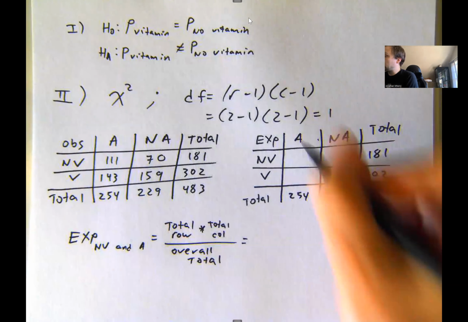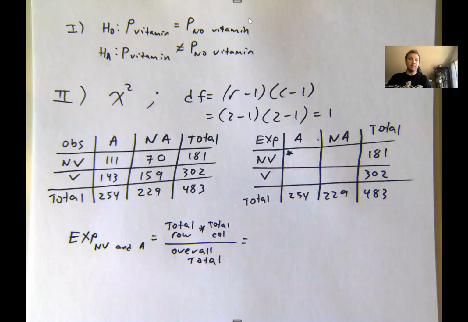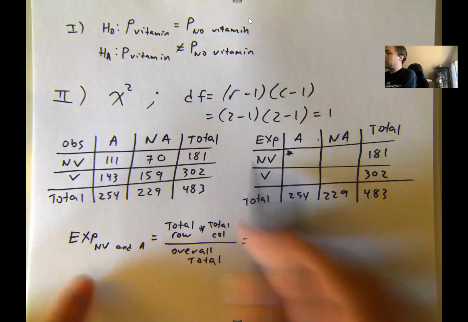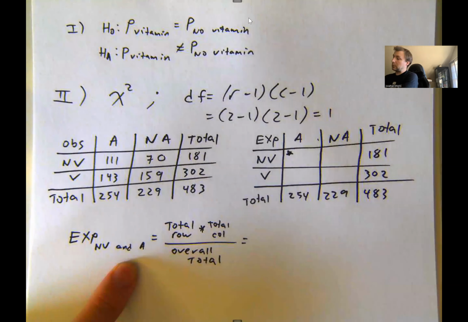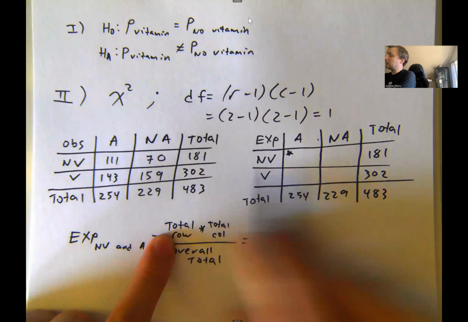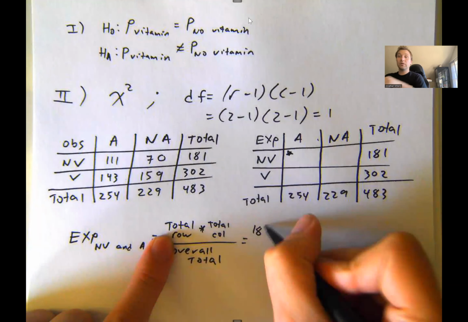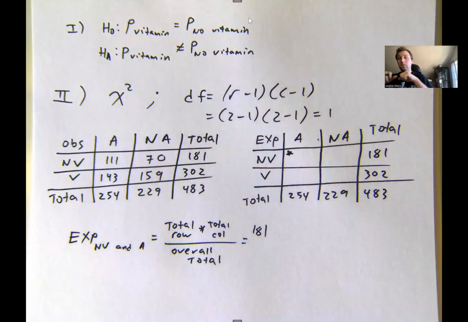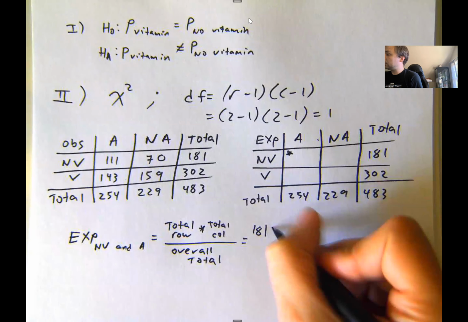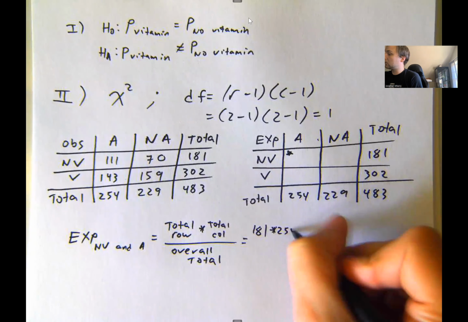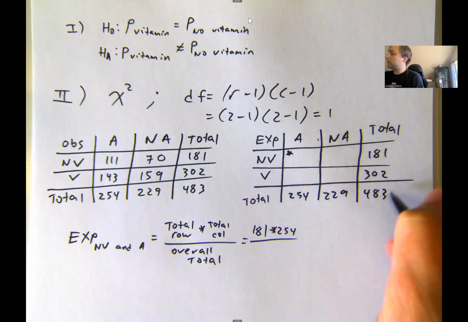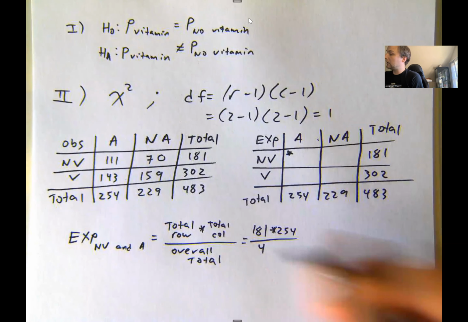So I'm trying to find this one spot there, no vitamin and autism. The row total is 181. Rows go side to side like you're rowing a boat. Columns go up and down like columns of a building. The column total here is 254. And my overall total is 483.